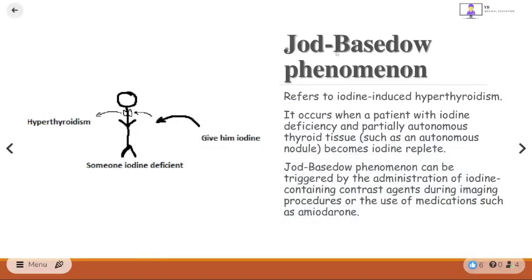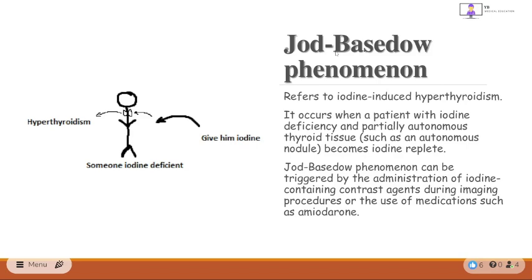All right, so we talked about the Wolff-Chaikoff effect, which is basically when you have lots of iodine, it inhibits the release of thyroid hormone, right? Well, this is the exact opposite. When a patient is iodine depleted, and then you give him iodine, the thyroid gland basically goes rogue and takes all that iodine and stimulates thyroid hormone release.